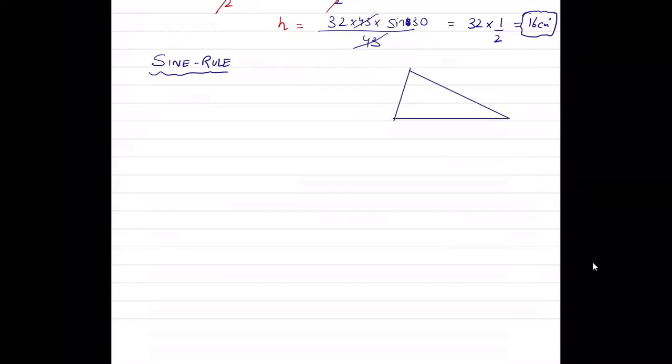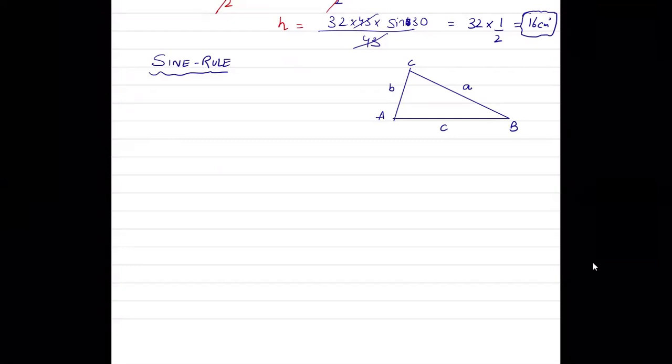Consider this triangle ABC. This length is going to be small a. The side opposite to angle B is going to be denoted as small b, and the side opposite to angle C can be written as small c.